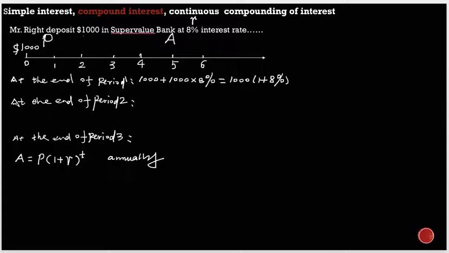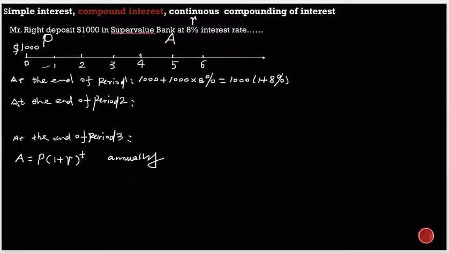So how much will Mr. Wright get at the end of period 1? The principal 1,000 plus the first period's interest. How to calculate the first period's interest? The annual interest rate is 8%.